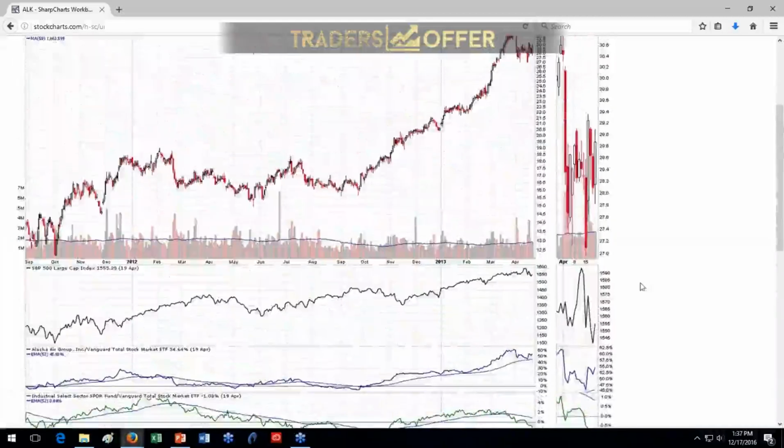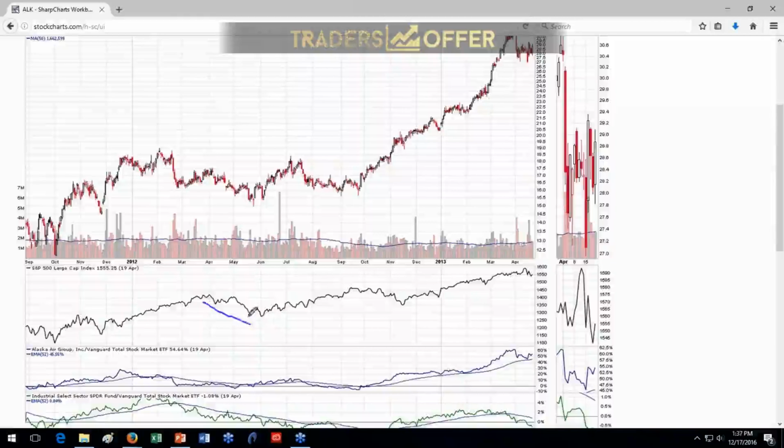Okay, so here's this consolidation right here. And we're seeing that for the market, we've had two significant moves to the downside, which would identify really good swing opportunities for long-term swing traders.